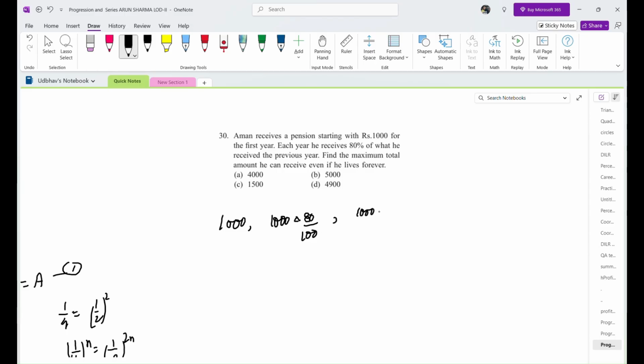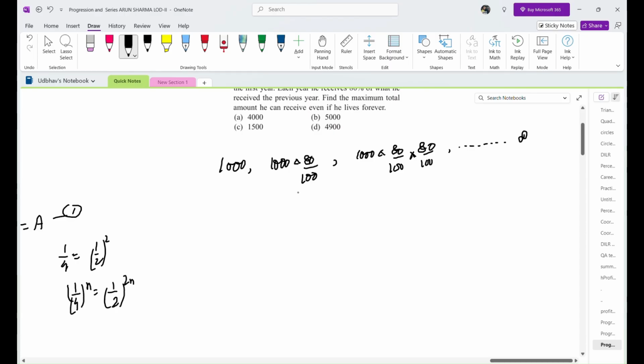Next year the pension is 1000 into 80 by 100 into 80 by 100. So this is going to repeat up till infinite terms, because we are told to find the maximum total amount that he can receive even if he lives forever. So what will be the GP out of this?